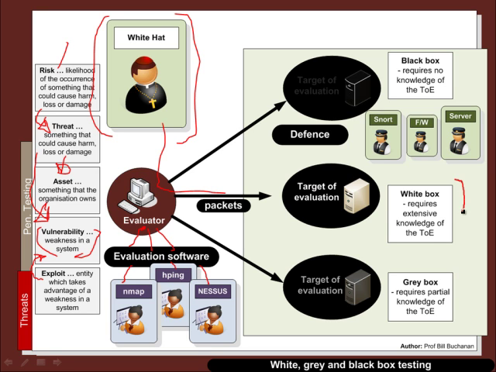This can include a white box test, and this is where there is extensive knowledge of the target of interest. We can have grey box testing, and this is where we only have partial knowledge of the actual target of evaluation. And then finally we have black box testing, which has no knowledge of the target of interest.